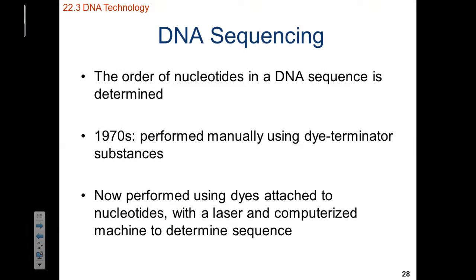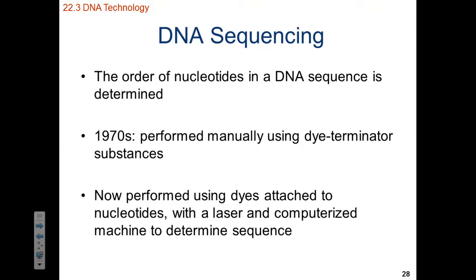So first, let's talk about DNA sequencing. Before we can do any major kind of biotech, we need to first know the sequence of the nucleotides in the DNA. Back in the dark ages, the 1970s, this was done manually using dye terminator substances. In other words, we would try to duplicate the genome, and we would have special nucleotides that would end the duplication process, and these special nucleotides would glow different colors.